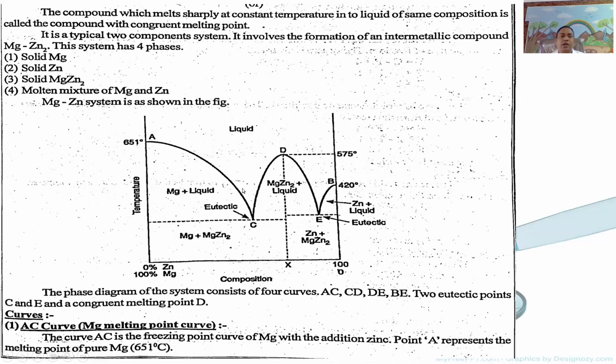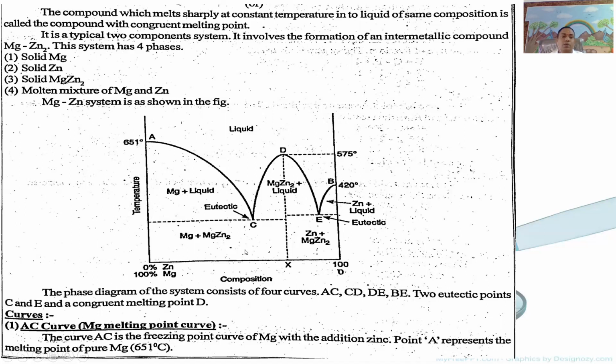It is the phase diagram of the magnesium-zinc system. Here, point A shows the pure melting point of magnesium, point B shows the pure melting point of zinc, and D is the eutectic point.